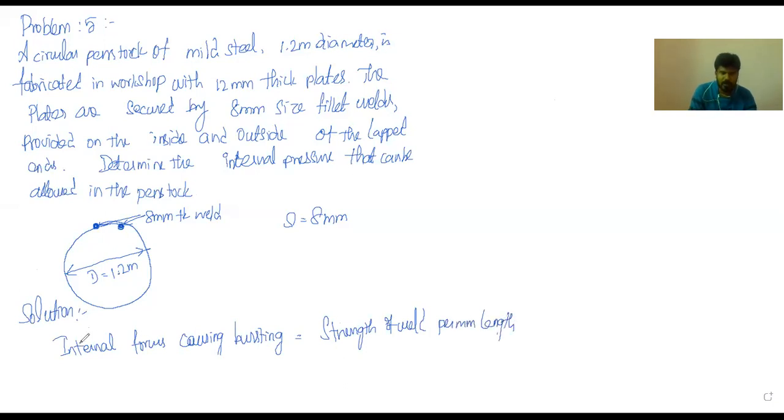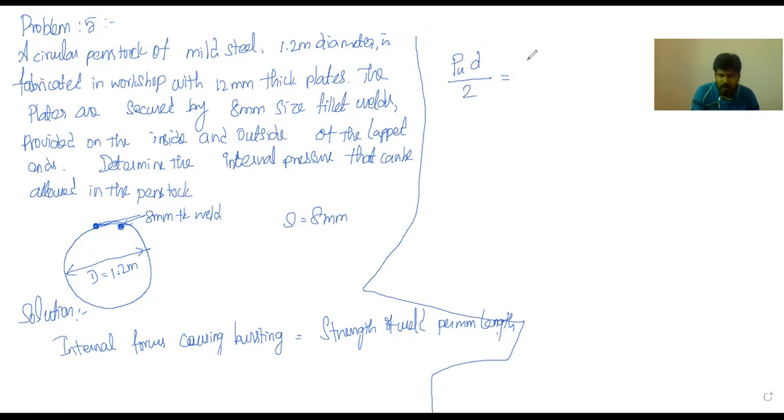So we are going to equate these two. First side, that is pressure Pu into D divided by 2, which is the formula used for calculating internal pressure. Now, strength of weld per length.